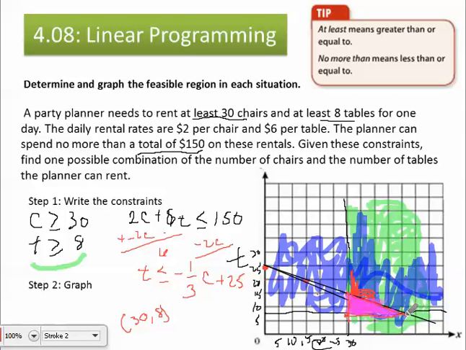We know this. We can find this point over here if we wanted to. Why? Well, we know the y value is 8, right? And we know that it has to work in this equation up here. So 8 is less than or equal to negative 1/3 chairs plus 25. So I subtract the 25 from both sides, and I get 8 minus 25 is negative 17.